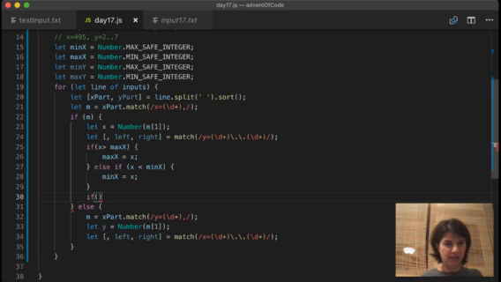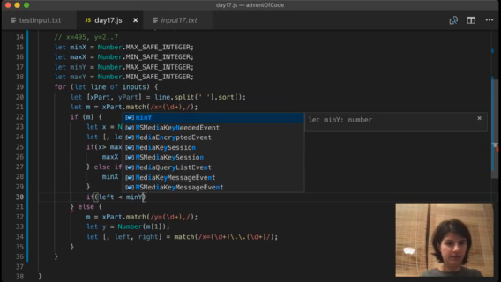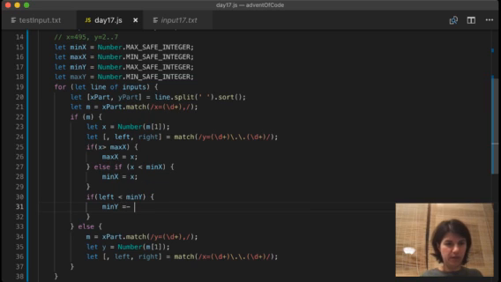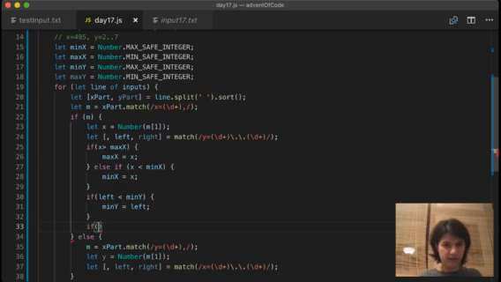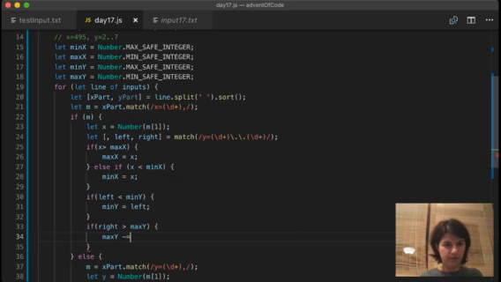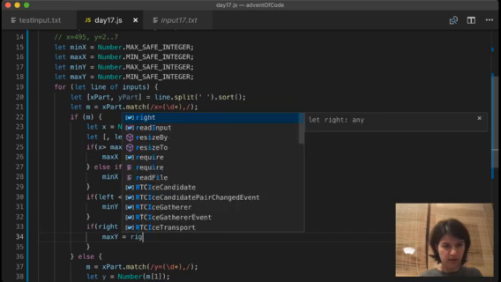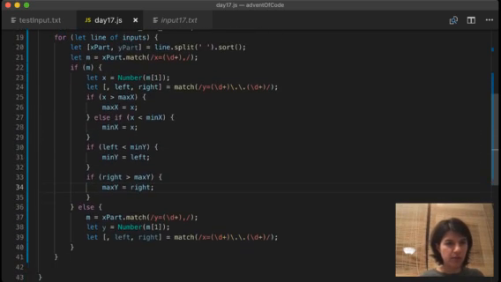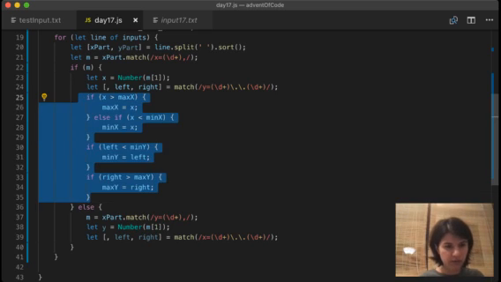And so if the left number is less than the minimum y, then min y is equal to left. And if, thanks Nick, if the right number is greater than the maximum of y, then we get a new right number, formatting. And then we do this all over again.